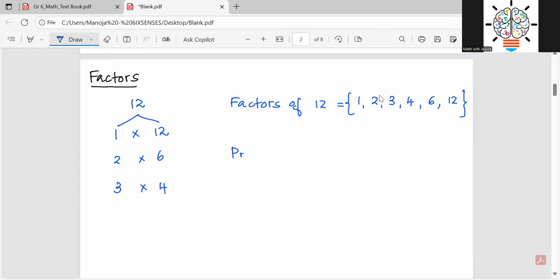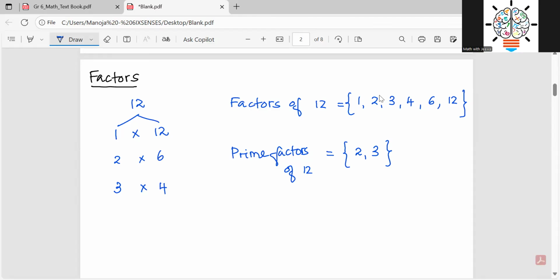Then if I ask you to write the prime factors of 12, how do you write it out of the above factors? What are the prime numbers? 2 and 3. So they are the prime factors. Out of those factors, which are prime? 2 and 3, right?